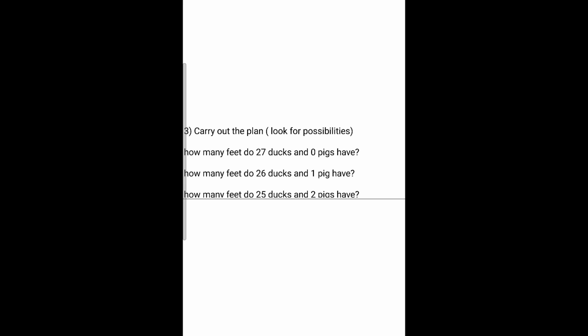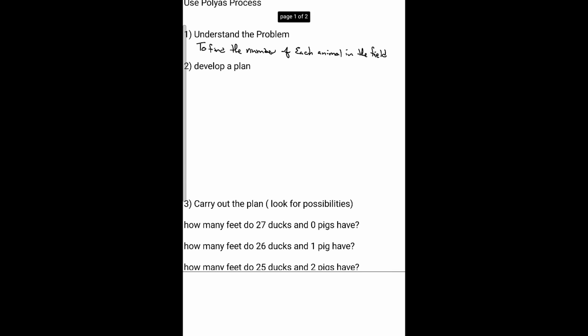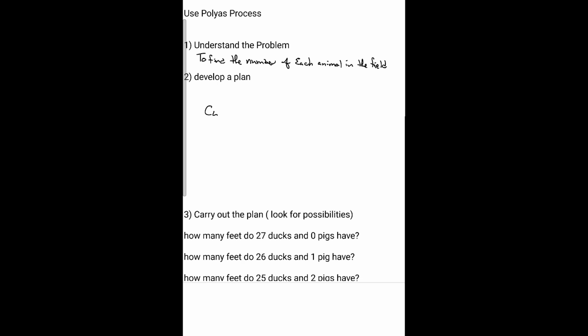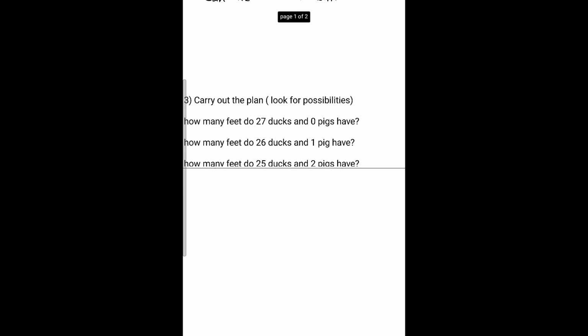We're trying to see, can we find a pattern? Okay, that's pretty much what the plan is. Can we find a pattern to this problem? So, kind of have to think about it for a little bit.